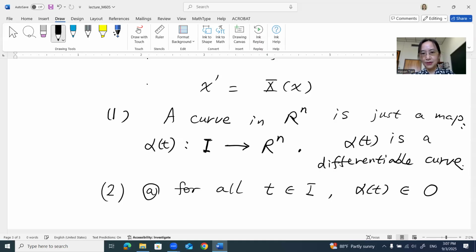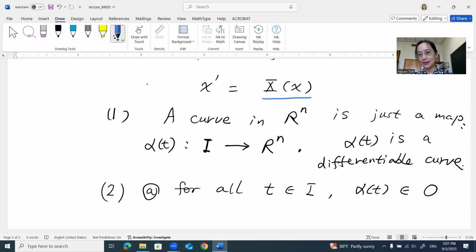Recall that if your alpha is put in place of x, it has to be in the domain of the vector field.